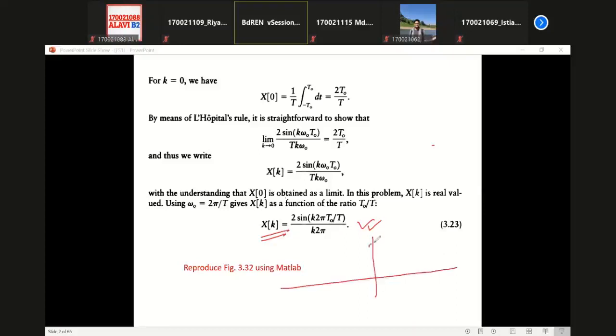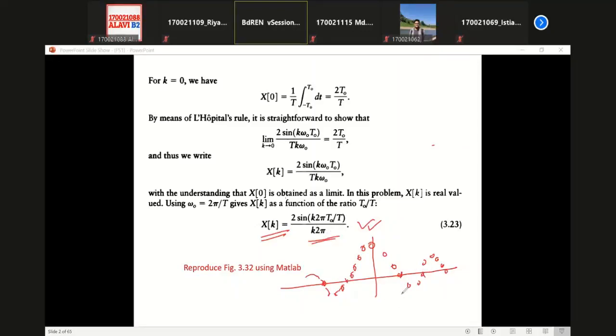We'll have a maximum value here, another stem can be there, another stem there, something like this. It will have zeros; you can easily find where the sinc for this function can be 0. So this Fourier constant will have this shape.